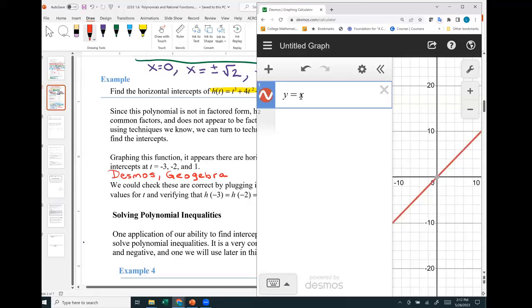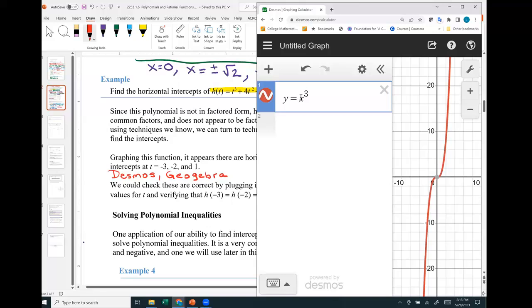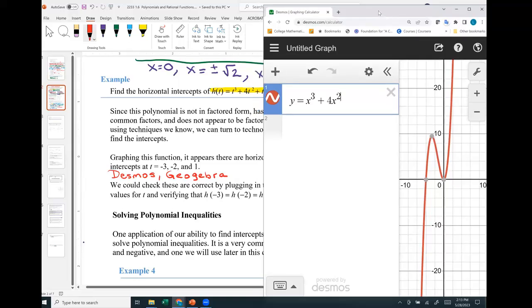So we'll say x, I'm pressing shift 6, which gives me an exponent, and that exponent is 3, plus 4x to the second power, and then plus x minus 6.